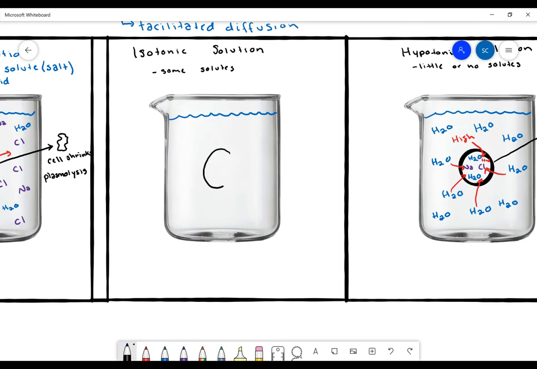So again, if you have your cell, my cell keeps changing size depending on the solution it's in. But if that's your cell, so again, you have those water molecules on the outside. And you have your salts, but only a few this time. Okay. Inside the cell, you again have those same solutes, as well as water.